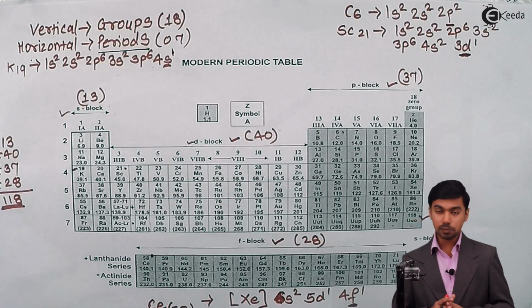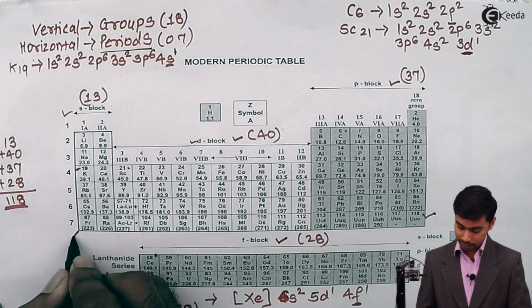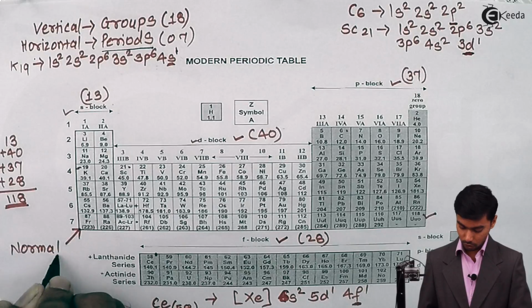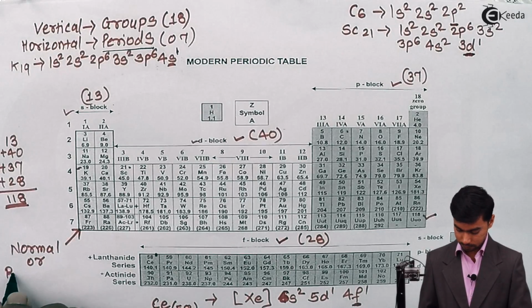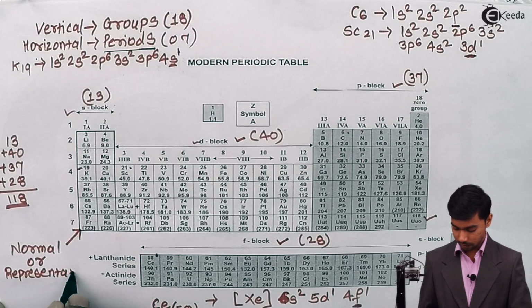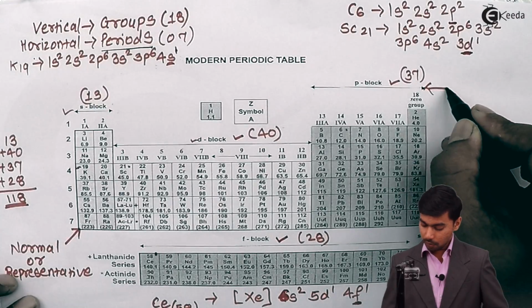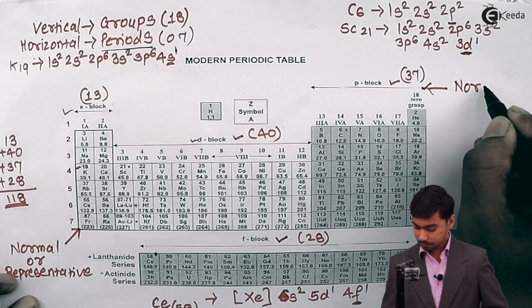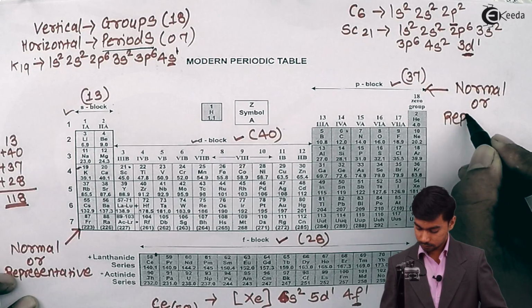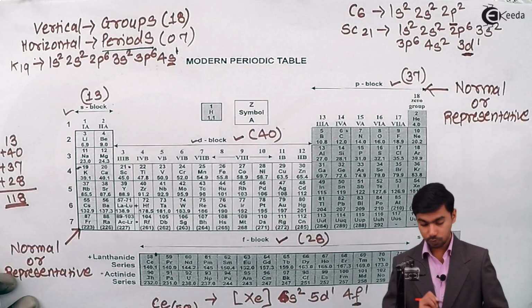Now these s block elements are also called normal or representative elements. The p blocks are also called normal or representative elements.